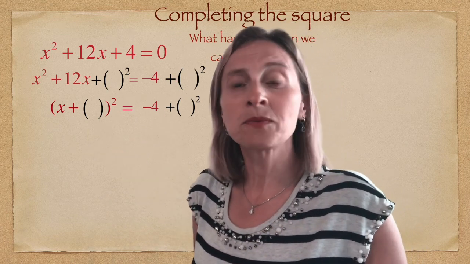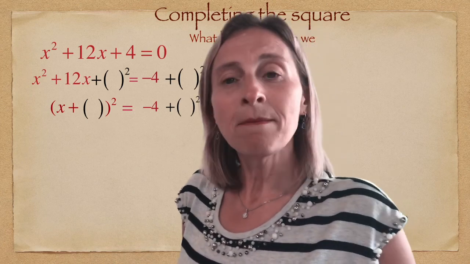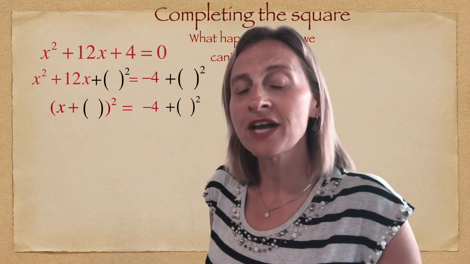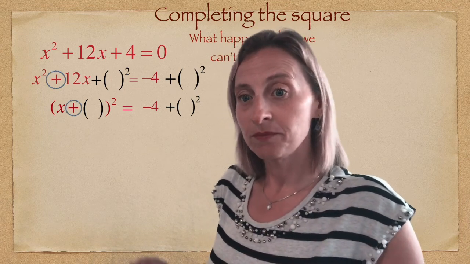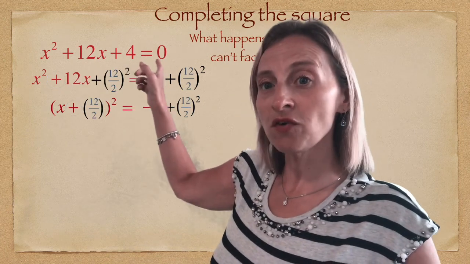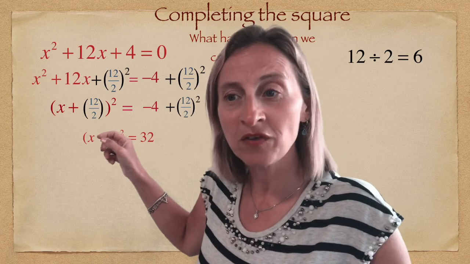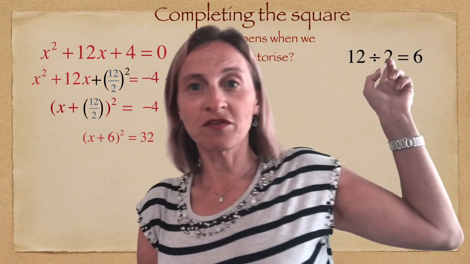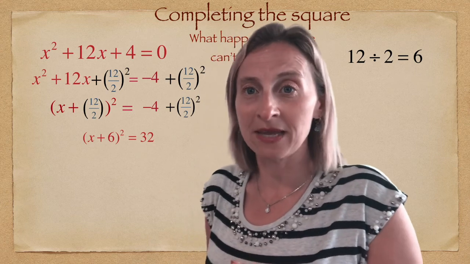Well, sometimes we can't do the halving in our head. Of course, half of 12 is 6, but we're going to write it down as 12 divided by 2, 12 over 2, add it into all the spaces. Remember that half of 12 is the same as 12 divided by 2, which is 6. But we're not going to write down 6 straight away.